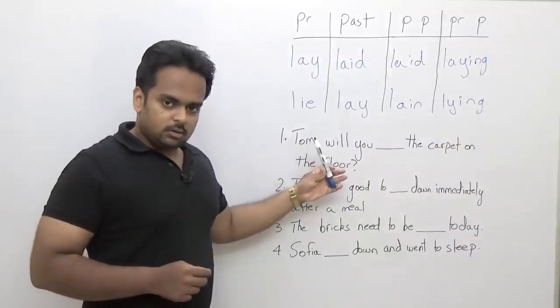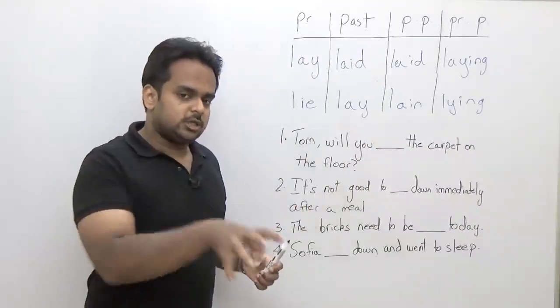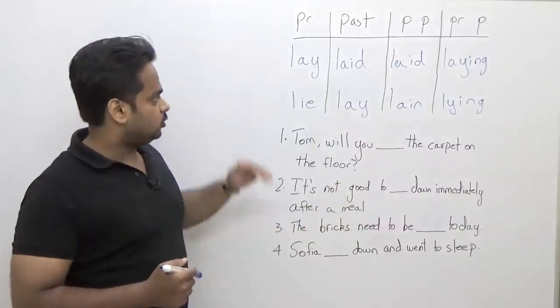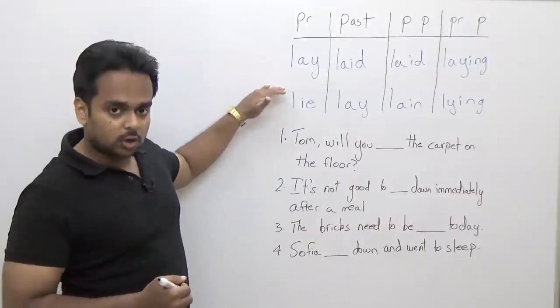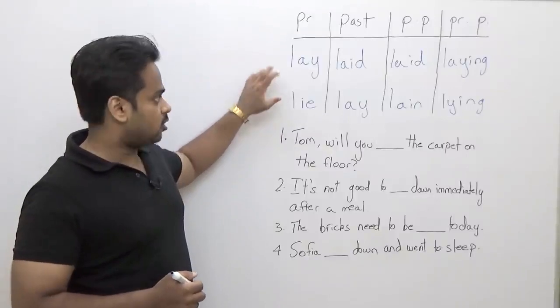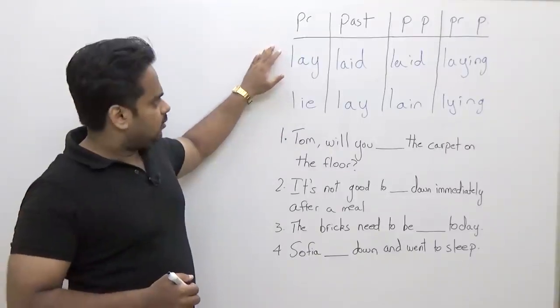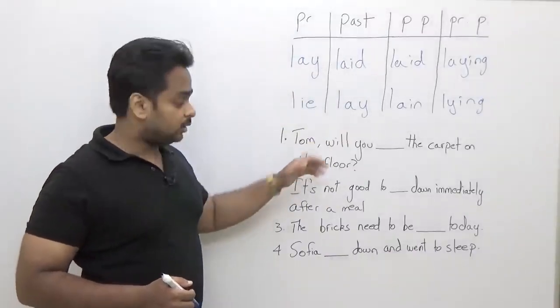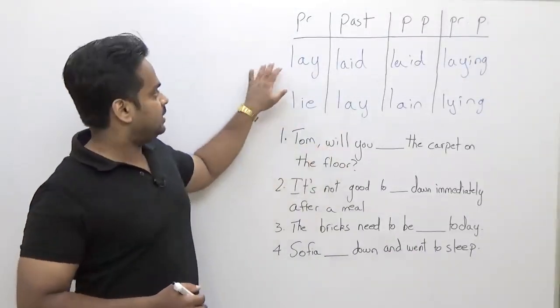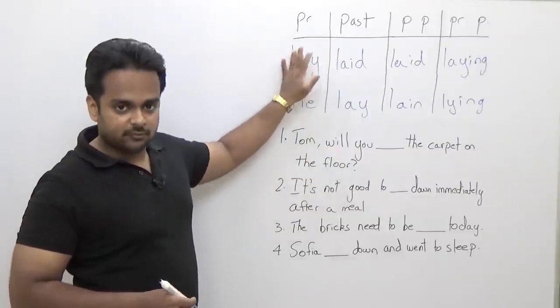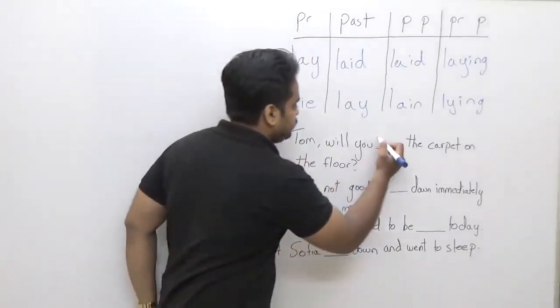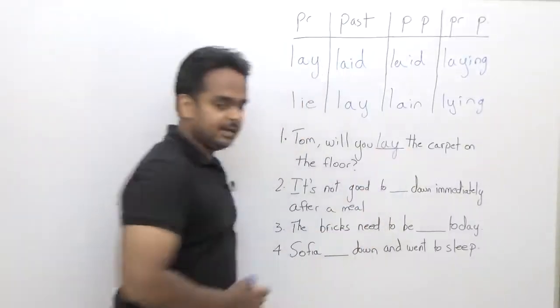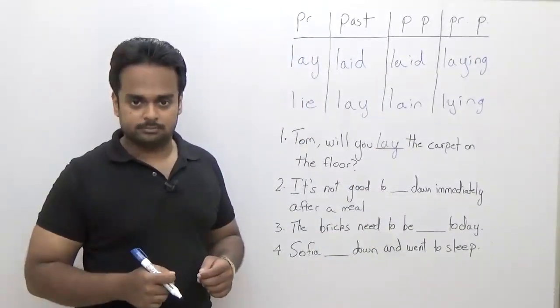Now here, Tom needs to put the carpet on the floor. So will you say lay or lie? Well, we need the verb lay. But what form of the verb lay should we put here? Well, this is a question, so we're going to take the present tense or the base form of the verb. So Tom, will you lay the carpet on the floor? All right.